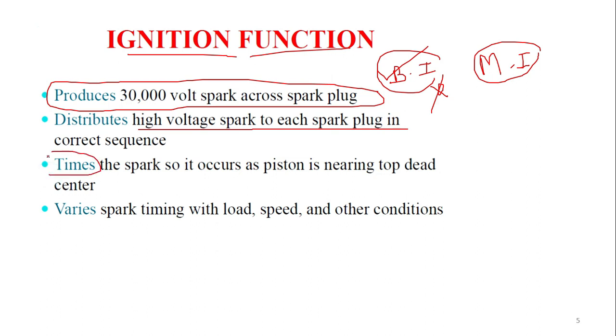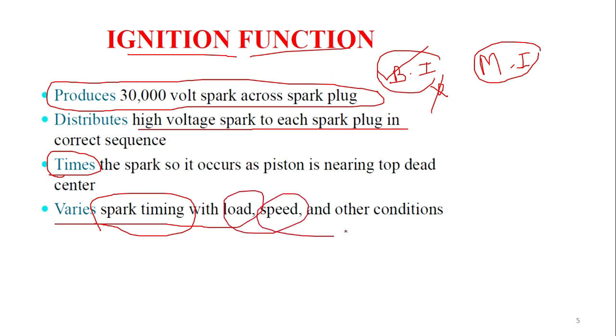Timing is again very important. The spark is timed so that it occurs as the piston is nearing top dead center. With an electronic ignition system it is possible to vary the spark timing with the help of load, speed and other conditions, and due to that, in many advanced vehicles you will find that an electronic ignition system is used rather than a battery or magneto ignition system.